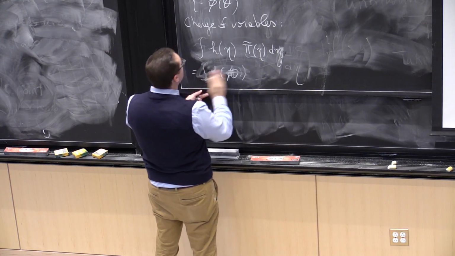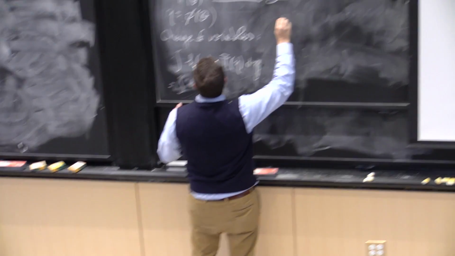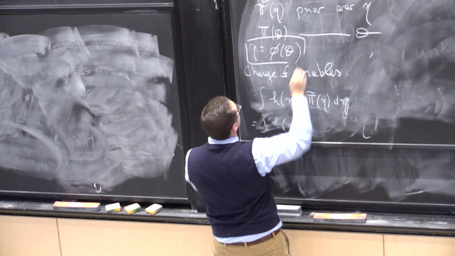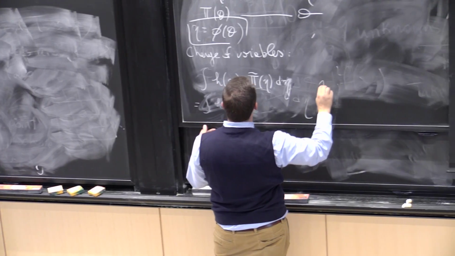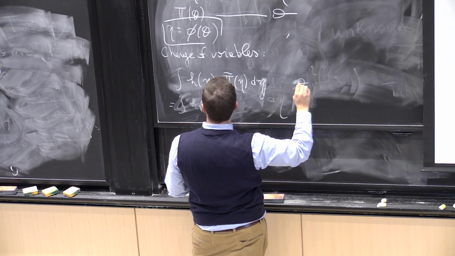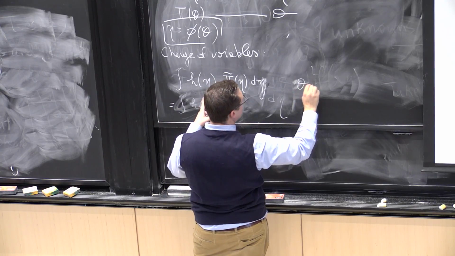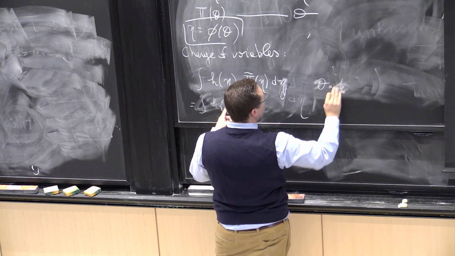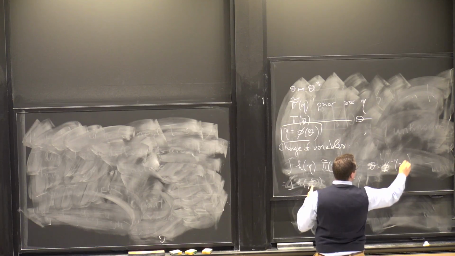All right, so sorry, eta is phi of theta. So what I'm going to do is the change of variable: theta is phi inverse of eta.